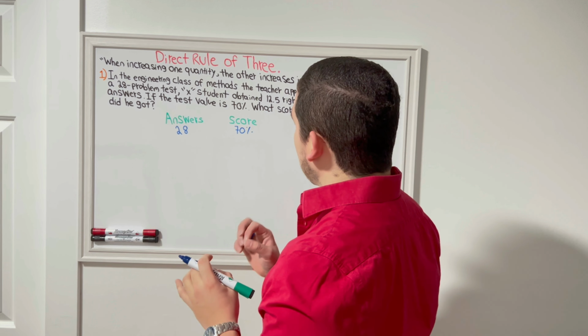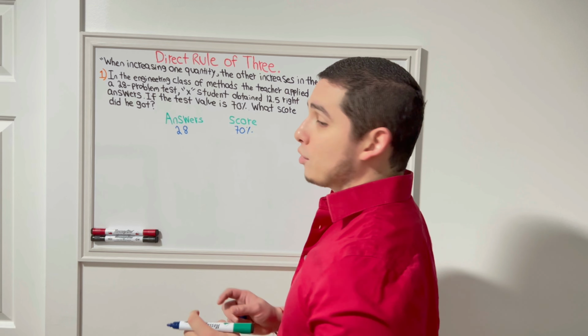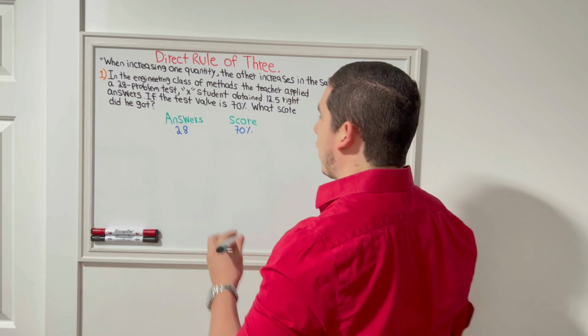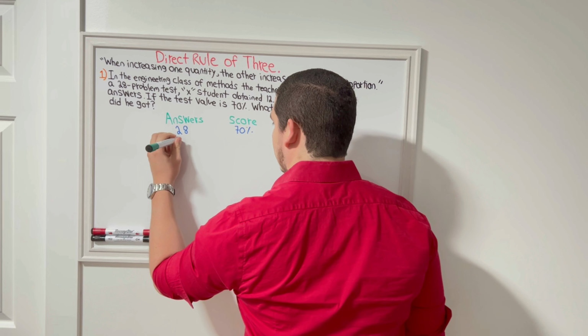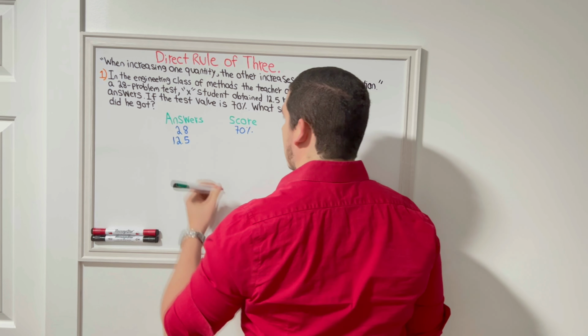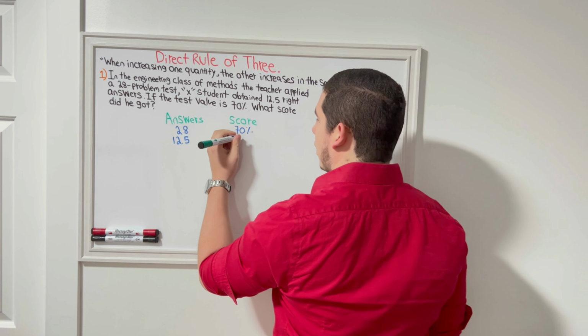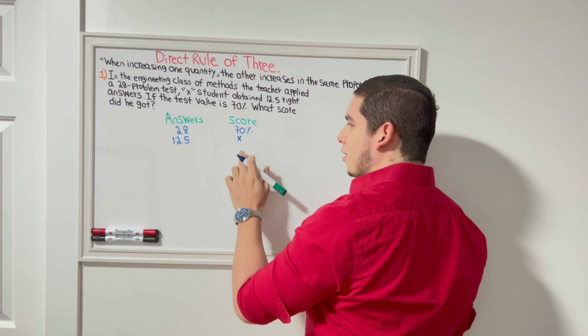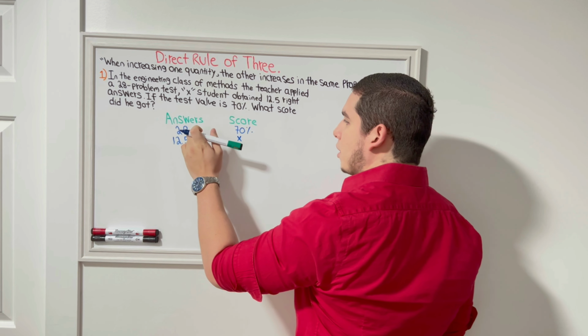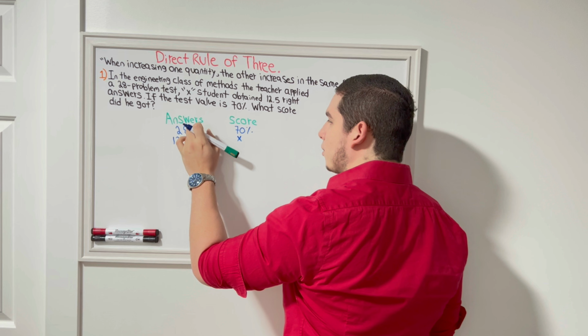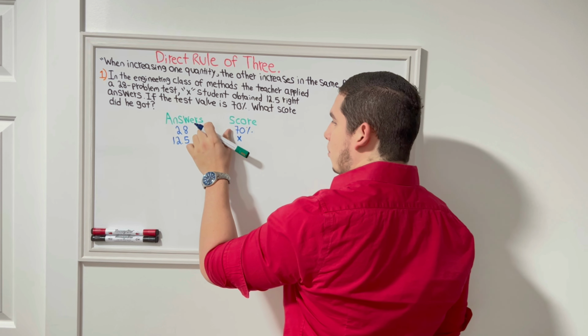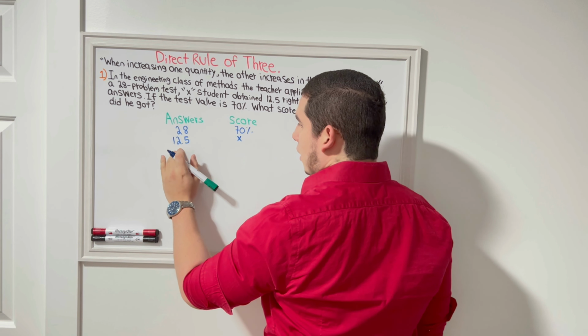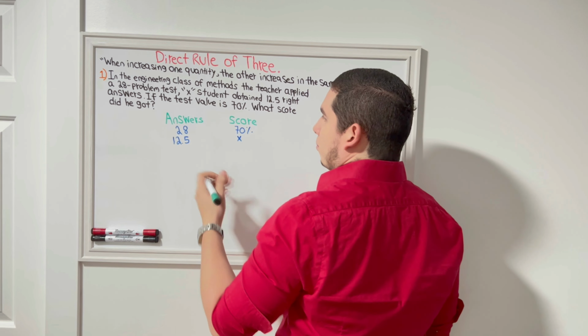Now, if the student only got 12.5, what score did he get? So we have to write X here because this is the value we want to know. We know that when we have 28 answers, the score is 70%. And when the answers are 12.5, well, what should it be?